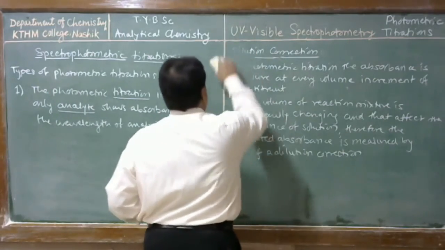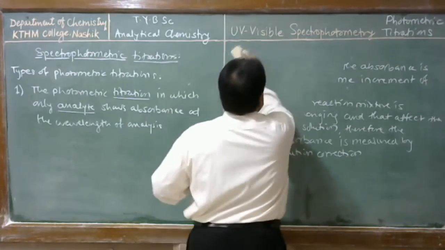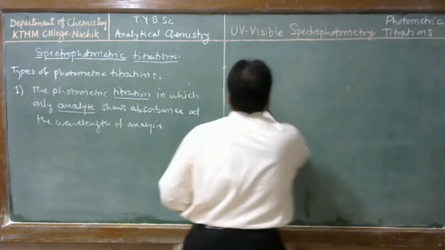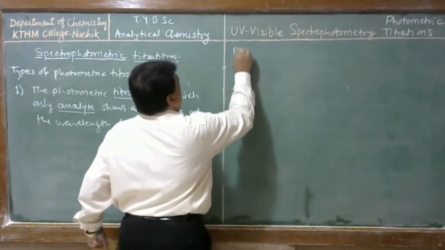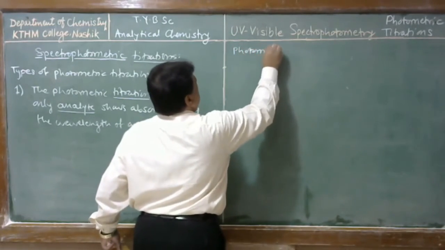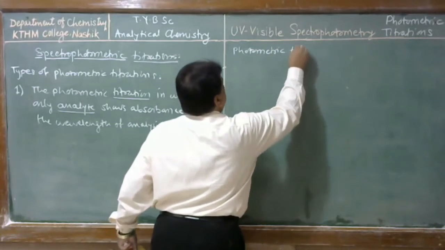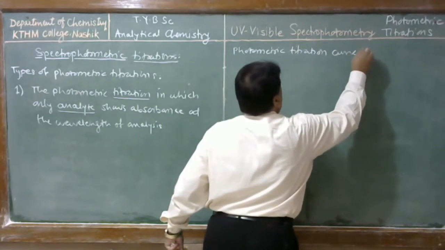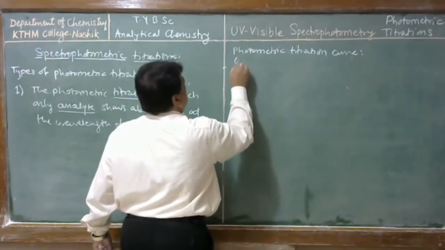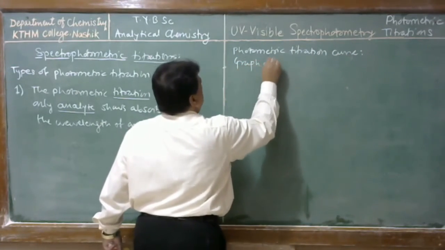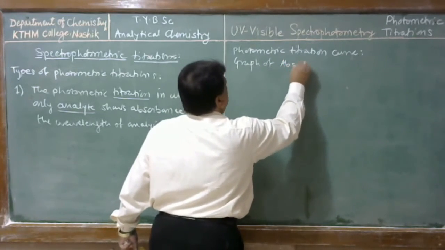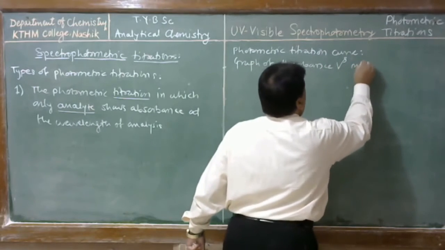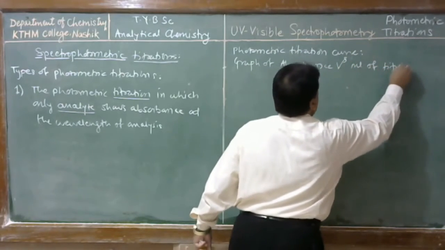Therefore, the photometric titration curve for this titration is like this. A photometric titration curve is a graph of absorbance as a function of ml of titrant added.